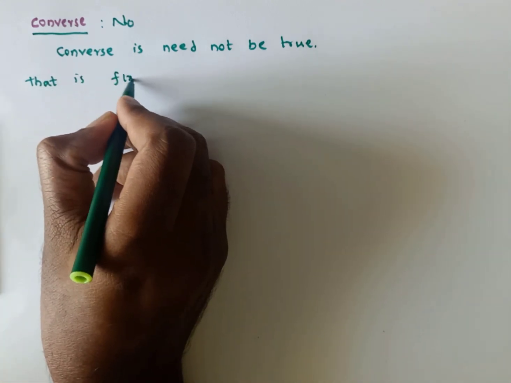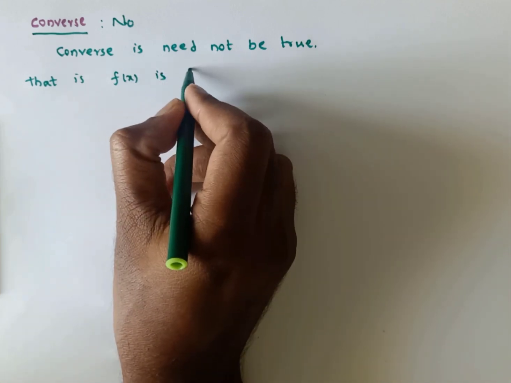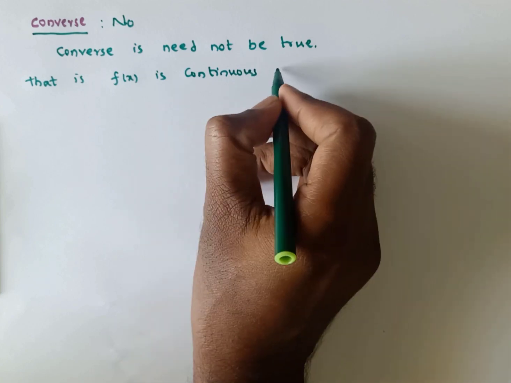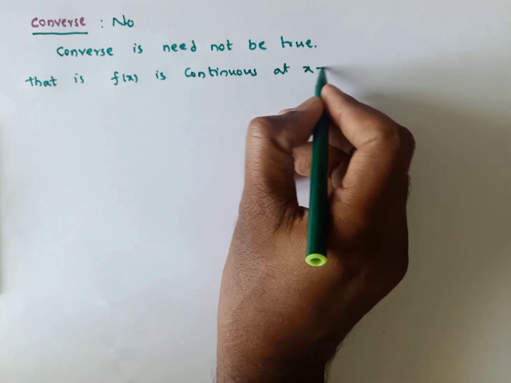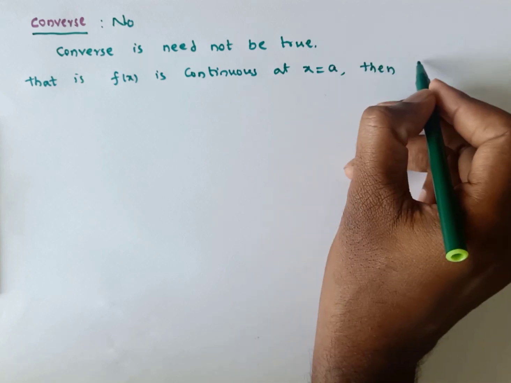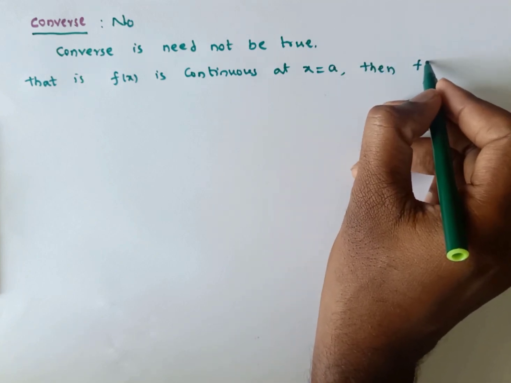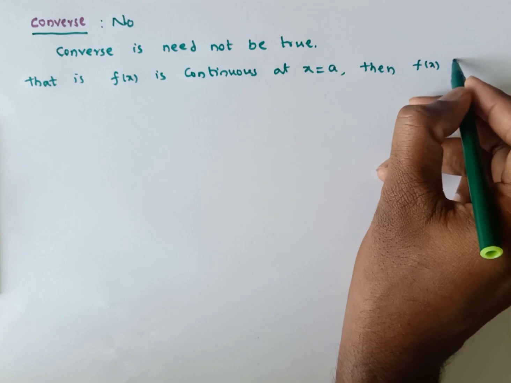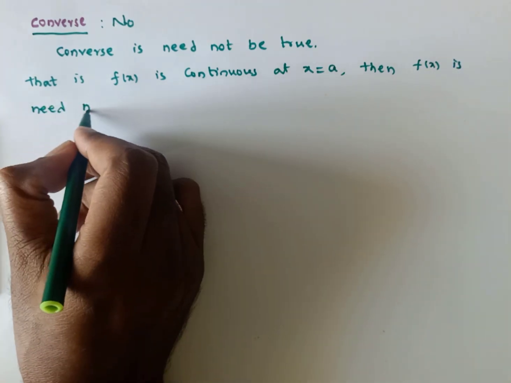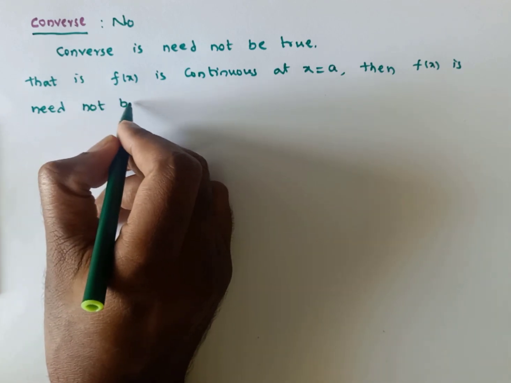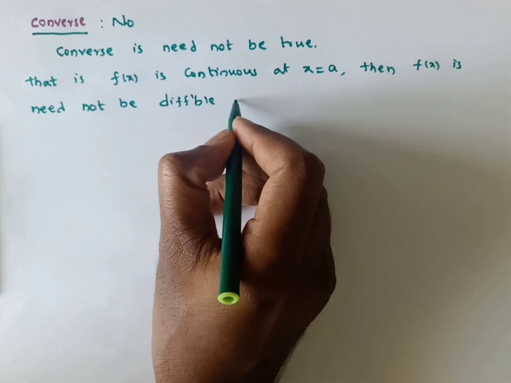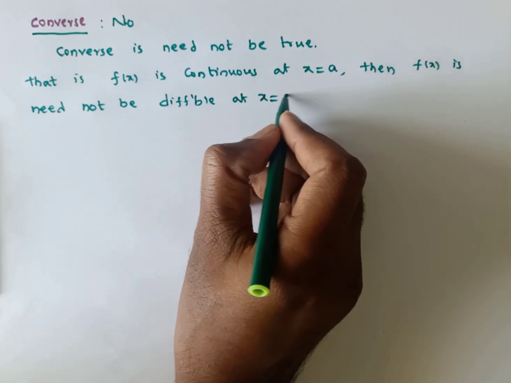Here, for example, if f of x is continuous at x equals a, then f of x need not be differentiable at the same point x equals a.